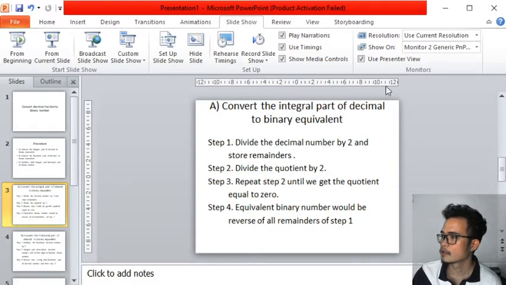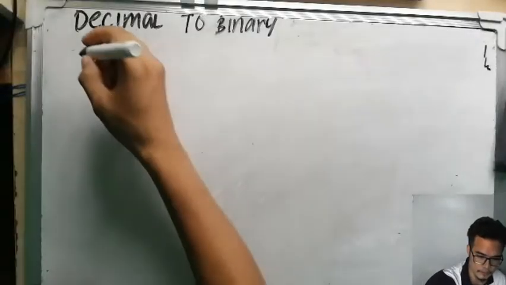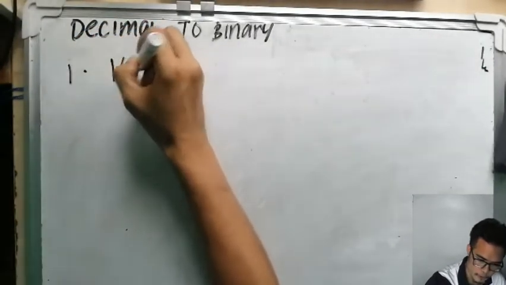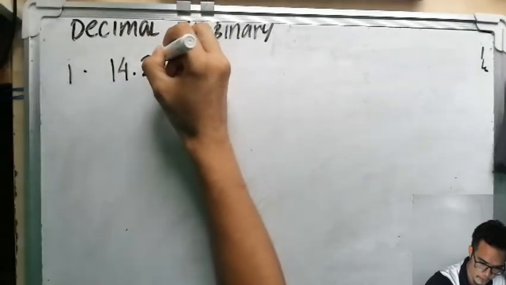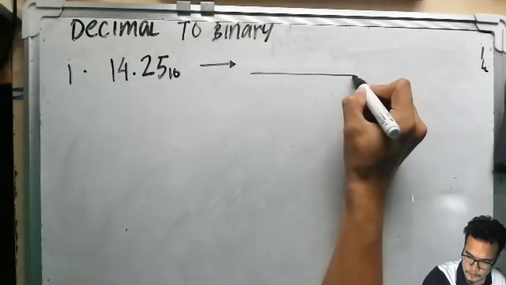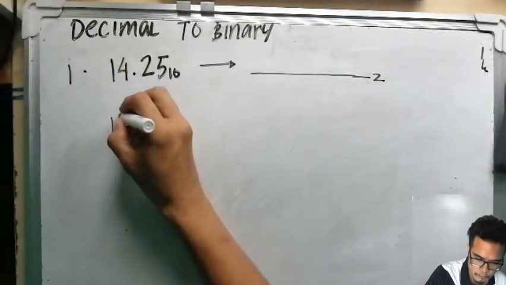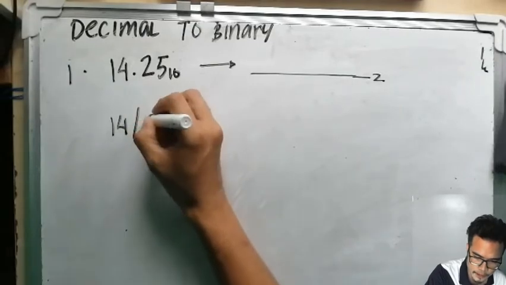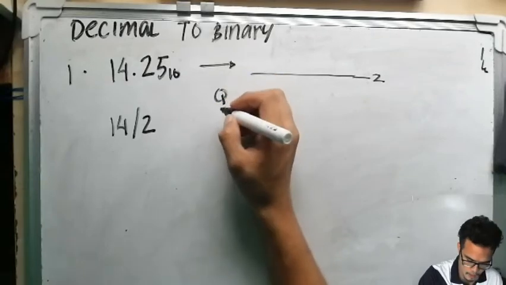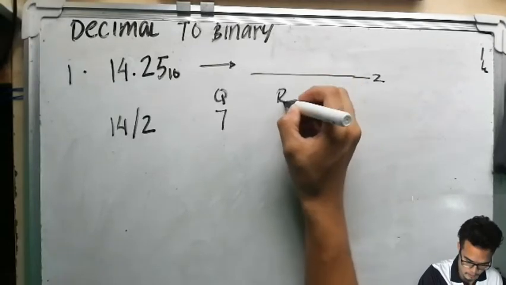Here I will give an example. Example number 1: 14.25 decimal to binary. 14 divided by 2, the quotient is 7, and the remainder is 0.